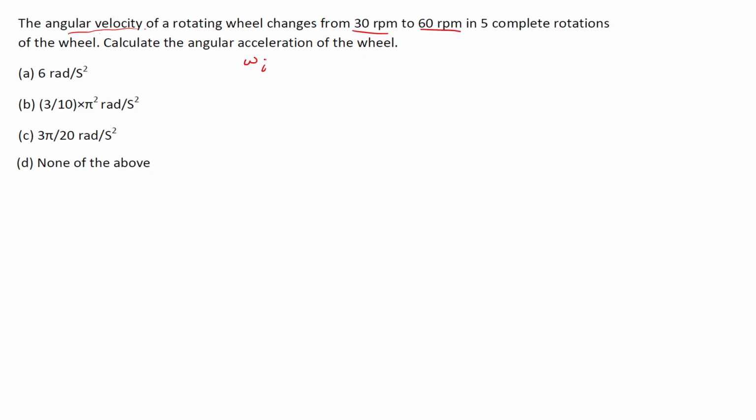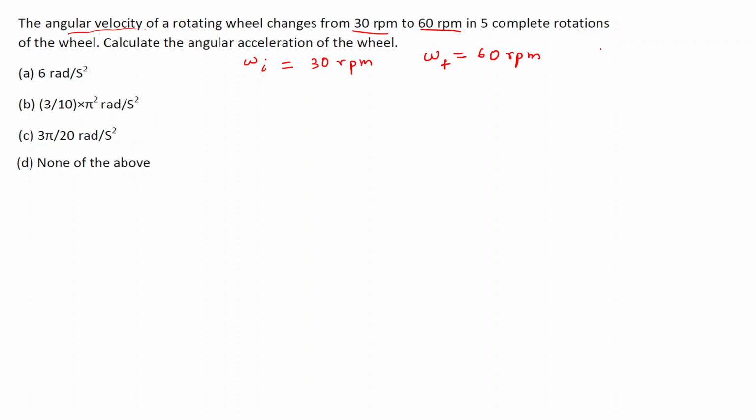I am denoting omega i as the initial angular velocity, which is 30 rpm, and the final angular velocity omega f is 60 rpm.